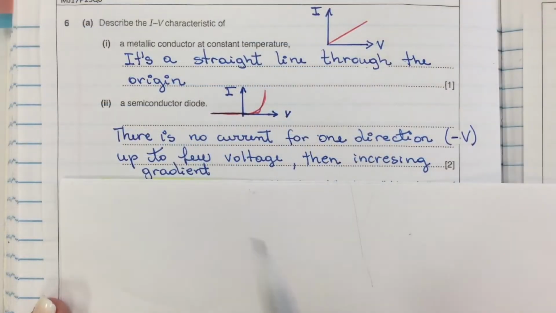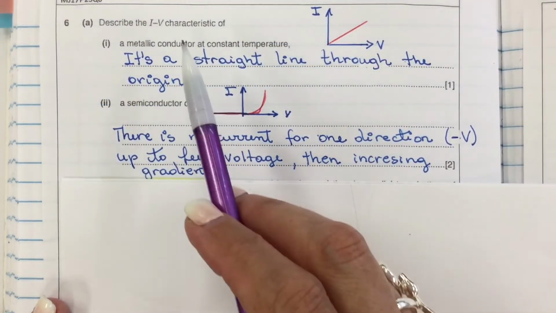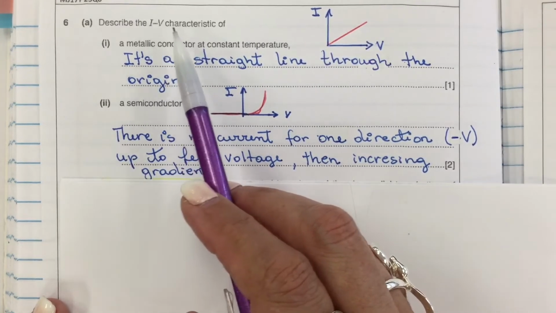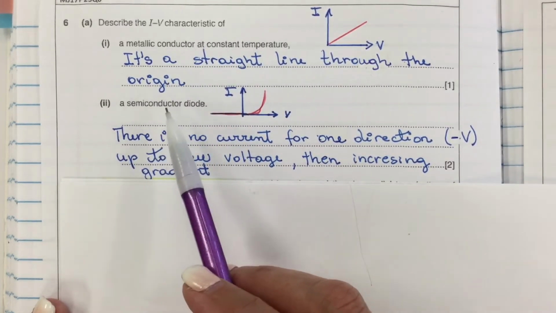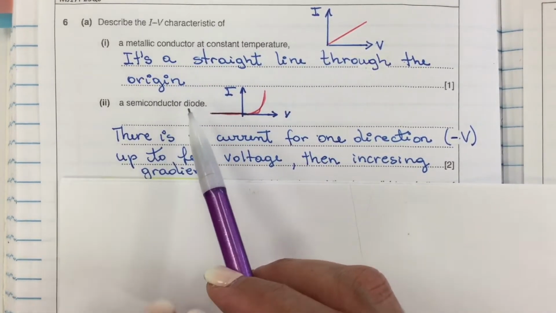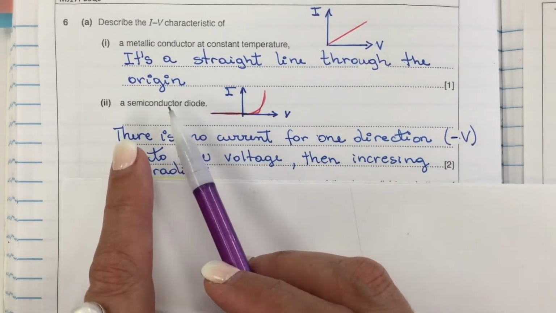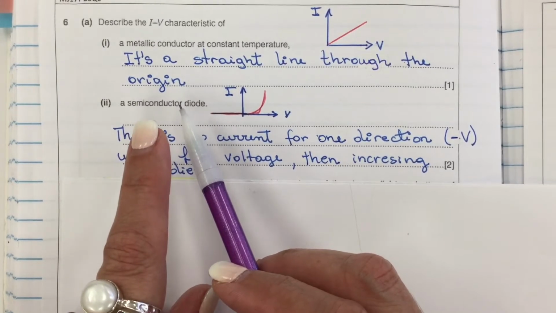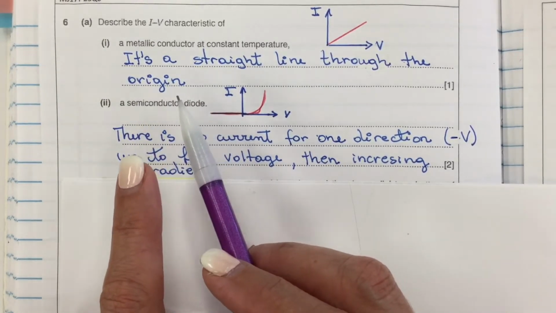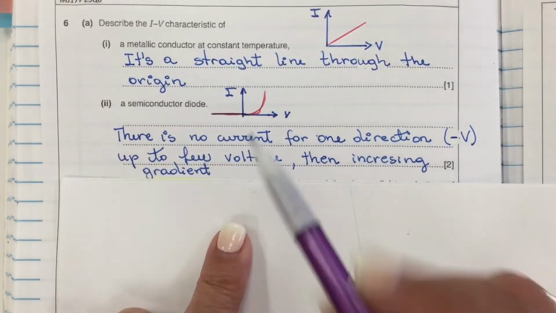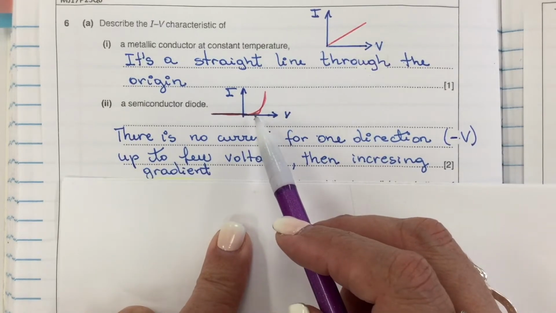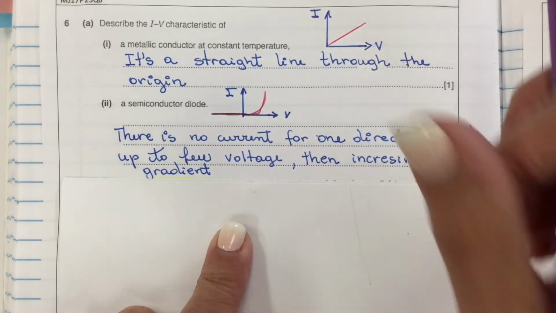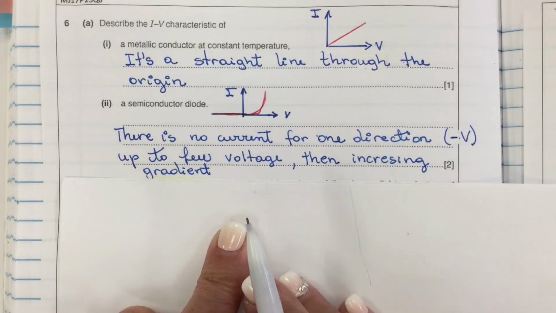Back to the problem. Now it's asking to describe the IV characteristic of a semiconductor diode. This word semiconductor means that the diode is a conductor with certain conditions. One is that we have a minimum voltage and polarize, and then it becomes a conductor.